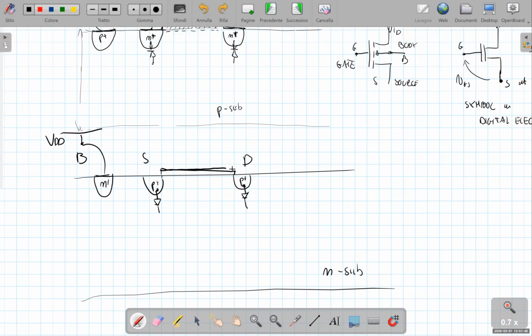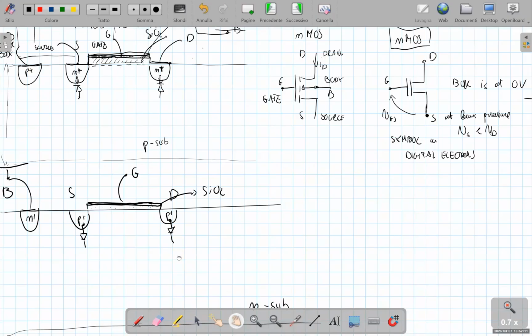Also in this case, we have a structure made by the gate, a conductive material, which is separated from the surface of the semiconductor by silicon dioxide, which is an insulator. So we have a conductive plate that is the gate, we have the insulating material, and we have the bulk semiconductor.